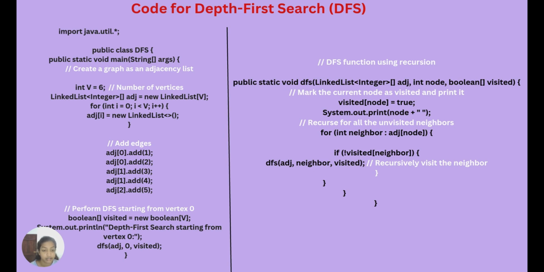It marks the current vertex as visited, node equals true, and then prints it out. The function then recurses over all the unvisited neighbors of the current vertex. For each unvisited neighbor, the DFS method is called again, efficiently exploring the graph in a depth first manner.